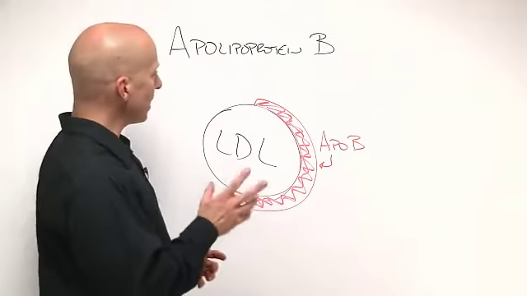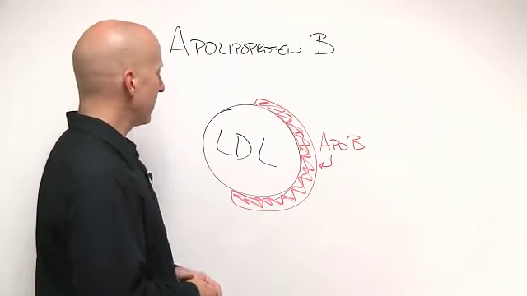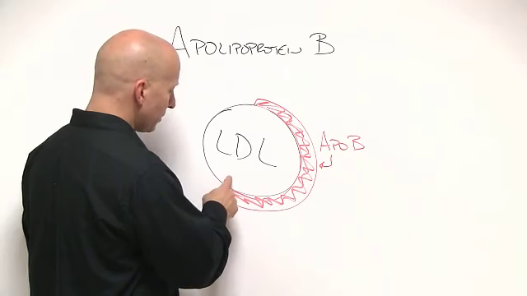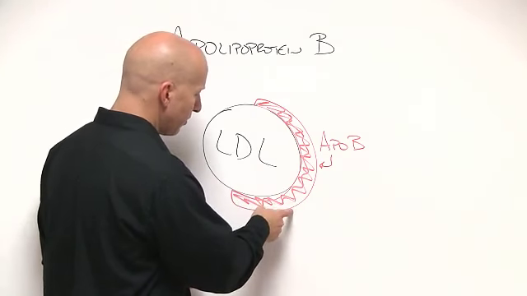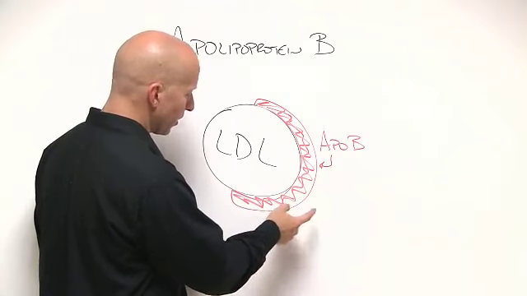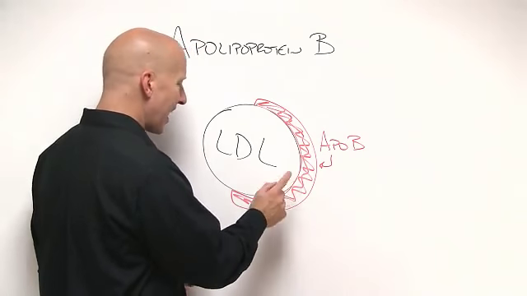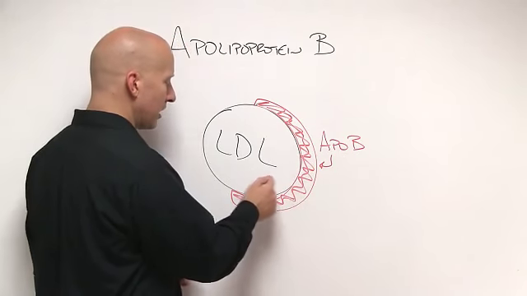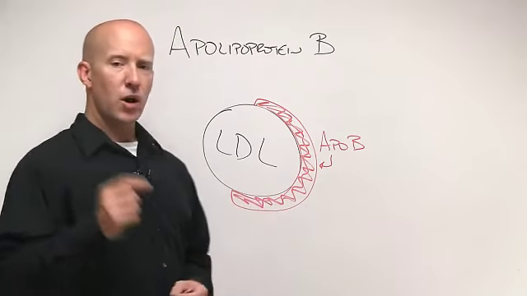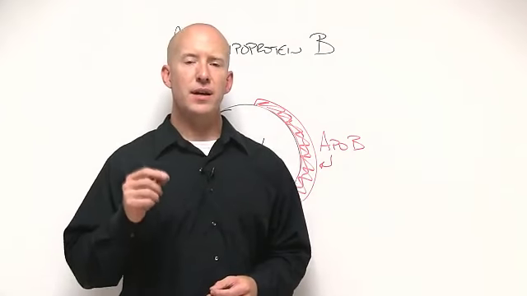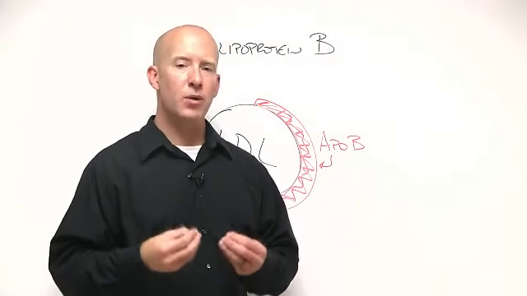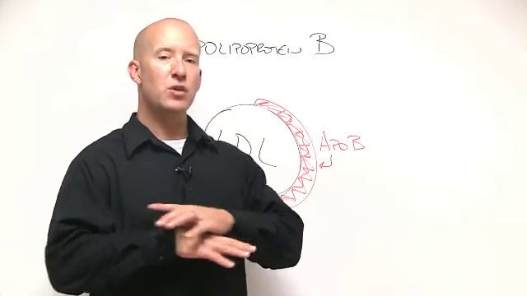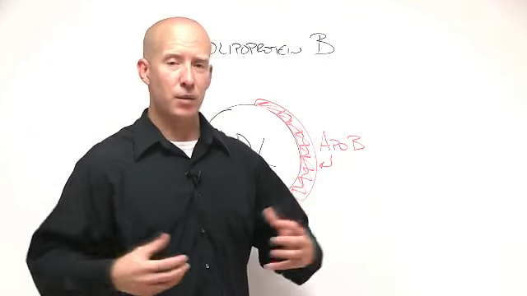Now here's what the apolipoprotein really tells you. An LDL particle, every LDL particle has an ApoB protein associated with it. Or I should say this more accurately. Every time you see an apolipoprotein B, there's an LDL particle with it. So on a blood chemistry, LDL cholesterol tells you the amount of cholesterol in the LDL particles somebody has, but tells you nothing about how many LDL particles they have.